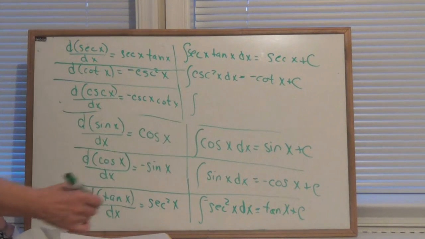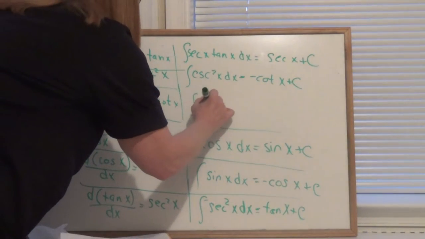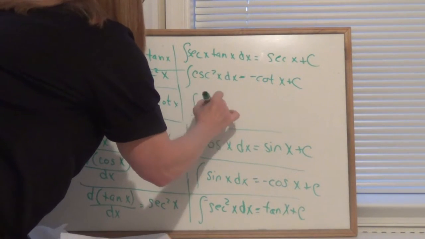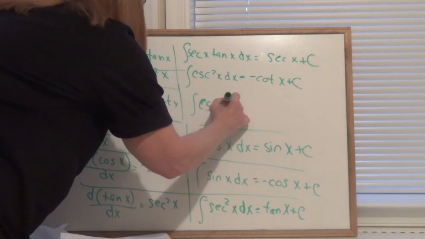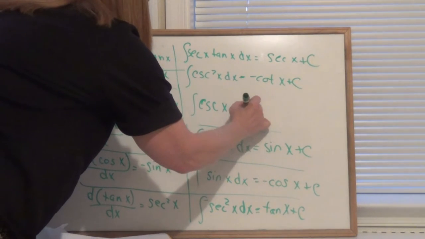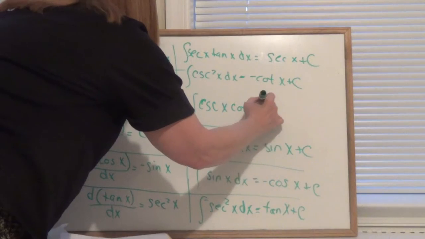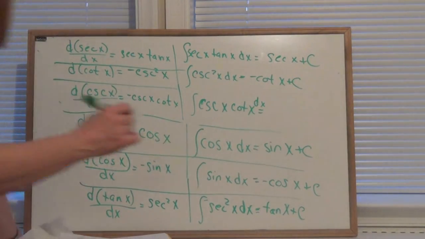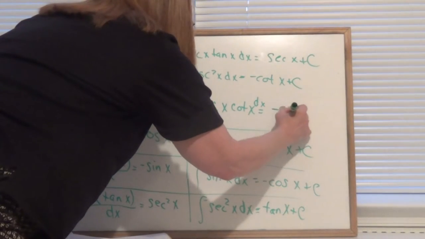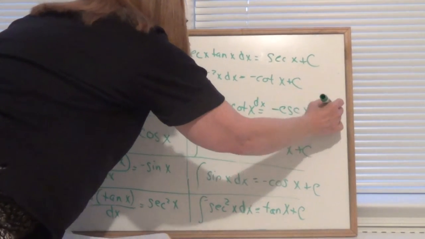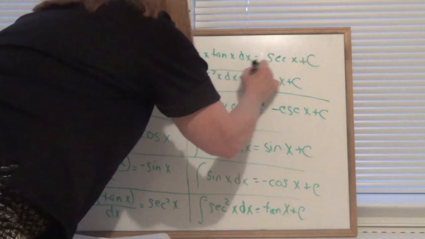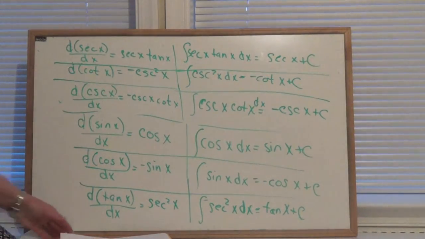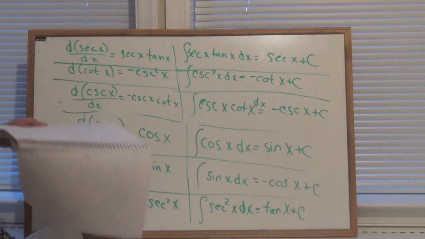So the integral of, and again, I'm going to make it positive, cosecant x cotangent x dx, and that is going to be negative cosecant x plus c. Alright, so those are the trig ones that we can do.